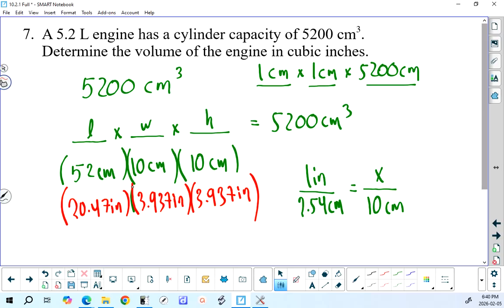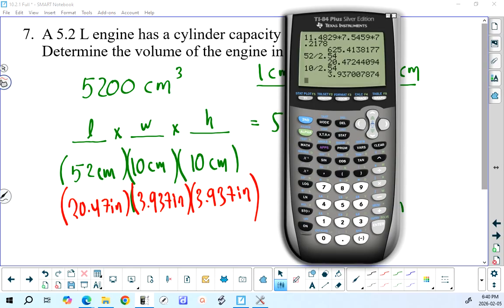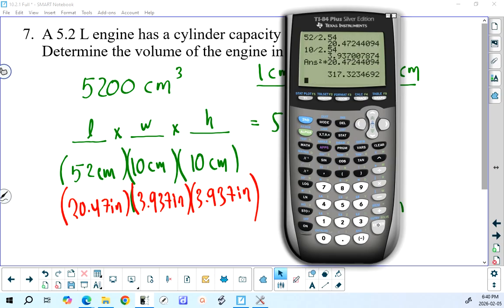So we multiply those all together. I'm going to take this number, I'm just going to square it because I'm multiplying it by itself. And then I'm going to multiply by this number, and what I get is about 317 cubic inches.